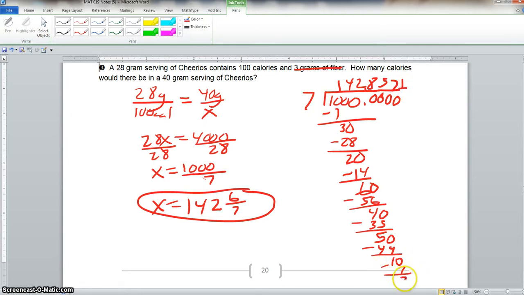So 10 minus 7 will give us 3. We'll add another 0, bring it down. 7 goes into 30 four times. 4 times 7 is 28.